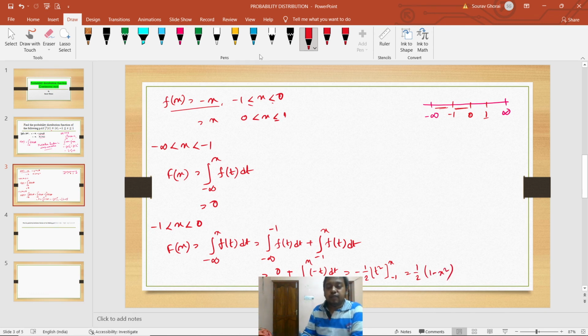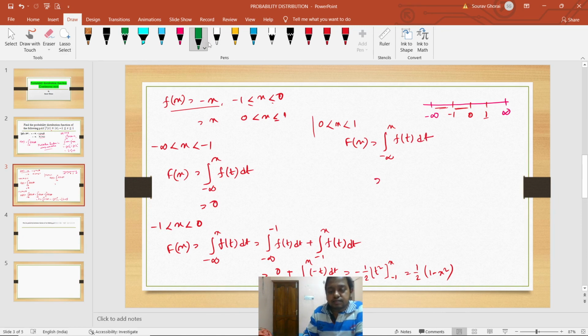Now we find it for 0 less than x less than 1. Then F of x is the integral from minus infinity to x of f of t dt, and we can write it as the integral from minus infinity to -1, plus the integral from -1 to 0 of f of t dt, plus the integral from 0 to x of f of t dt.